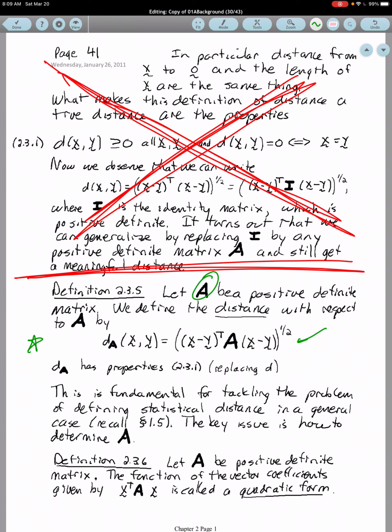It'll be a valid distance. And this just says that if we have a positive definite matrix, this expression is known as a quadratic form. You can kind of think of it as a function of x. Depending on the vector x you give it, this is going to return a number. And so that is described as a quadratic form, and it's very much required that A is a positive definite matrix.